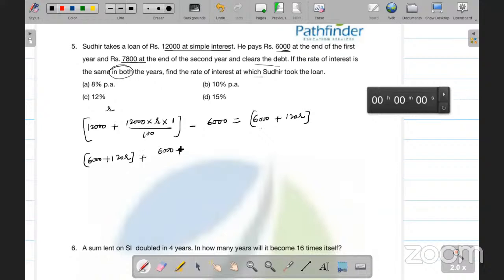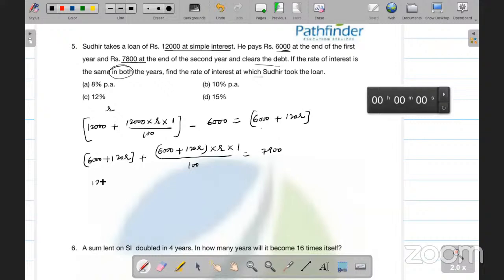So principal into rate into time upon 100. And when you pay 7,800 at the end of the second year, the loan is set off, correct?